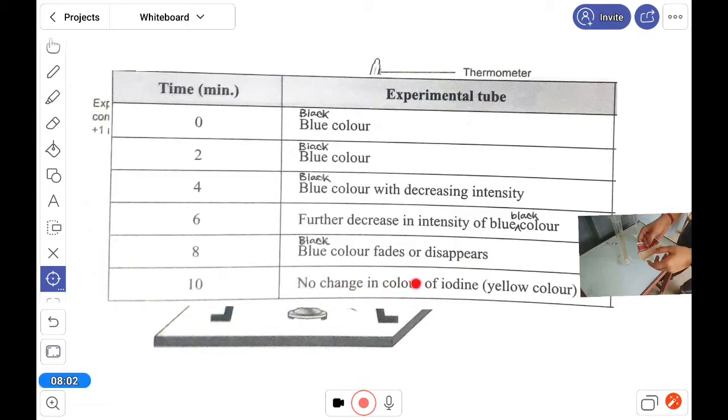And after 10 minutes, if there is no blue black color, it means the whole starch has converted into maltose, dextrin or glucose, so there is no starch left.